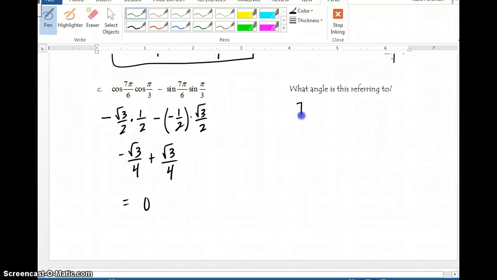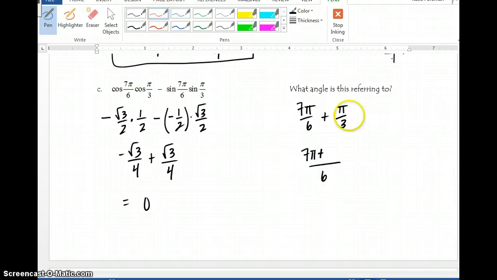What angle are we referring to? 7 pi over 6 and pi over 3 are the two different angle measures. Minus in the expansion means I'm adding these together. Common denominator is 6. So the 7 pi doesn't need to be multiplied by anything. But my second fraction, I'm going to multiply by 2 on the top and bottom.